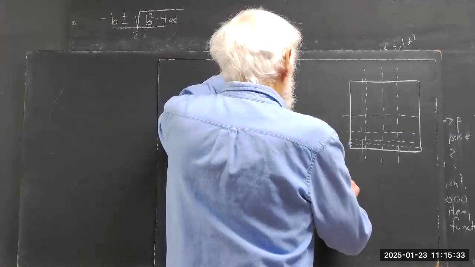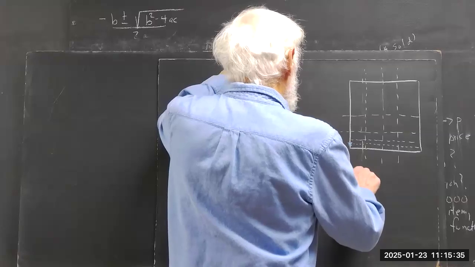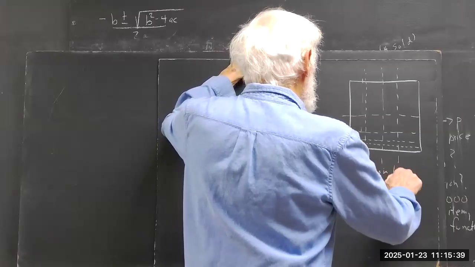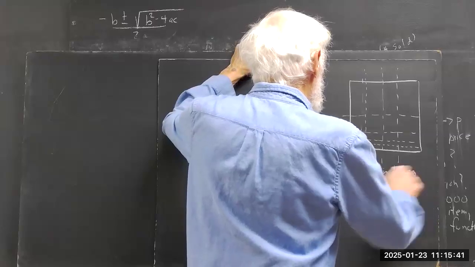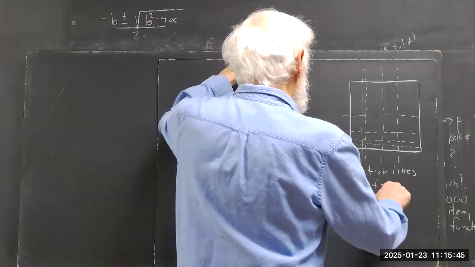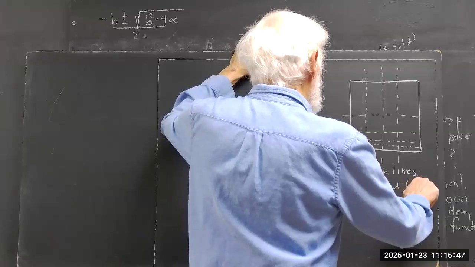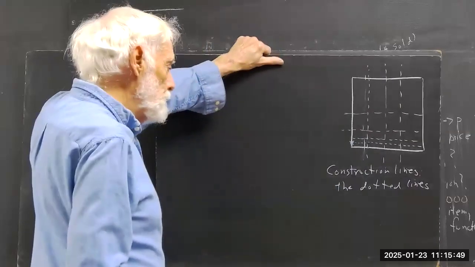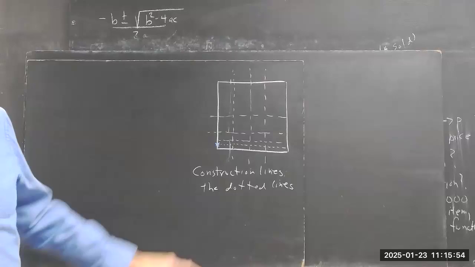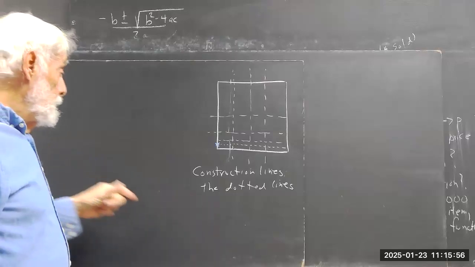First of all, construction lines. Those are the dotted lines. Gonna move over here because it blocks the board less.